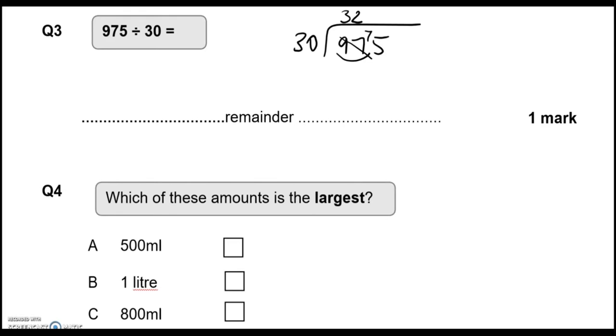Which is 2, because 2 times 30 makes 60. So 75 take away 60 leaves us with 15. So 32, remainder 15.